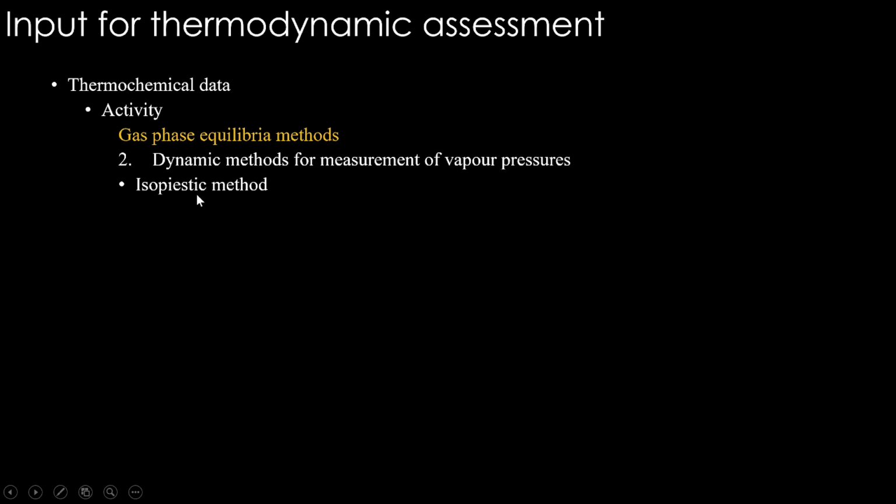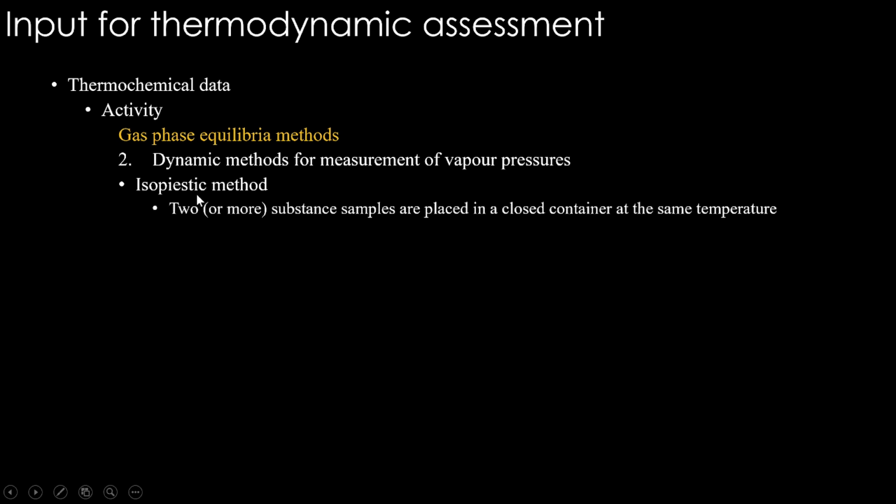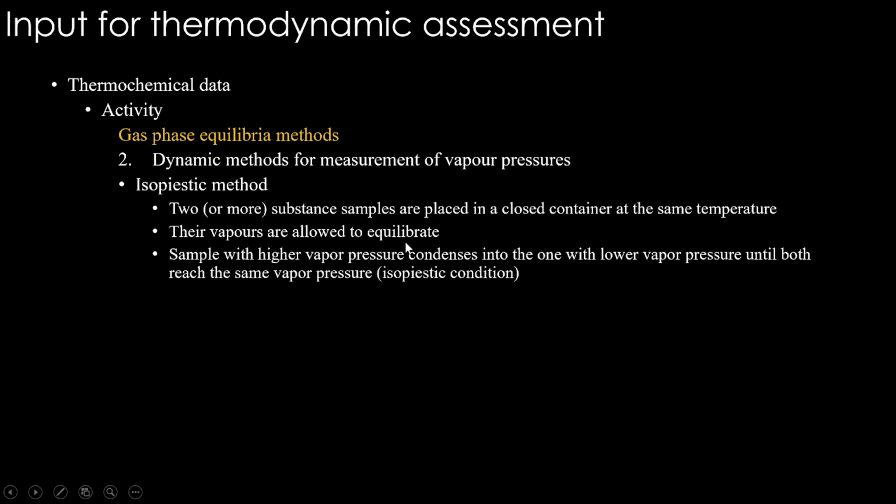Then there is isopiestic method where two or more substance samples are placed in a closed container at the same temperature and their vapors are allowed to equilibrate. Okay, sample with higher vapor pressure condenses into the one with the lower vapor pressure until both reach the same vapor pressure. This is where isopiestic condition comes, meaning the vapor pressures are the same.